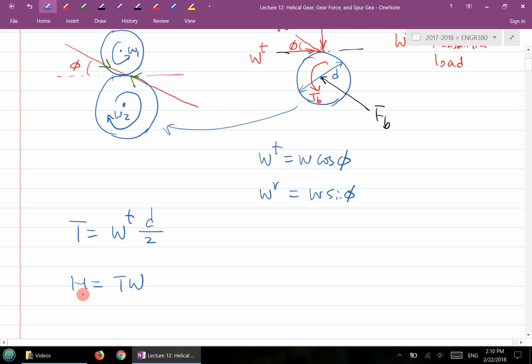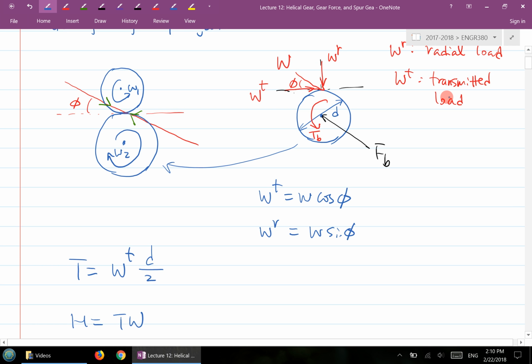That's why WT is called the transmitted load: the load is transmitted from one end to the other. Now the free body diagram for the pinion has the same symbols, but the directions change: action and reaction.